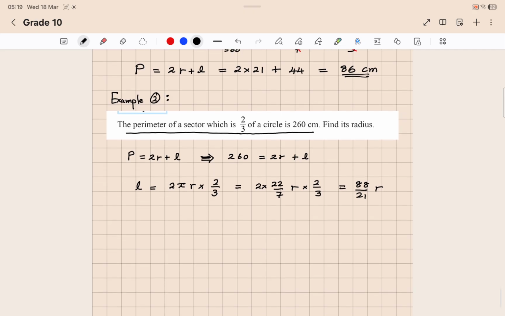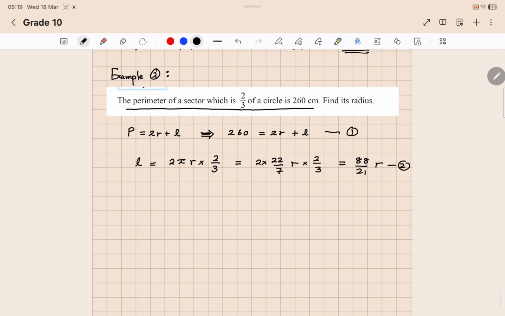Right, so let me label this as 1, this as 2. So now I will substitute L equals 88 over 21 R into 1.